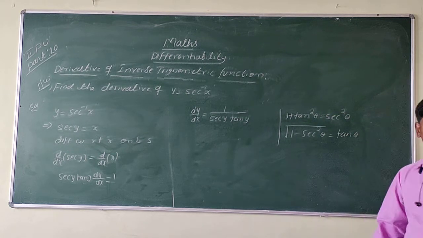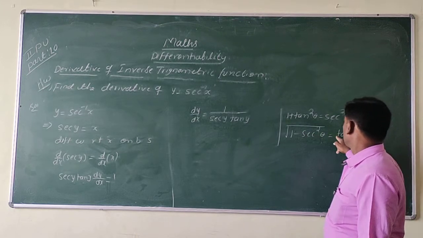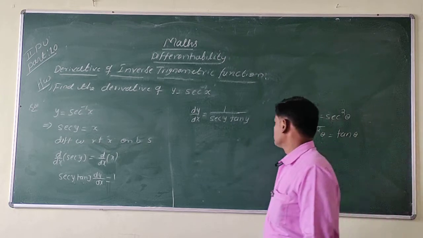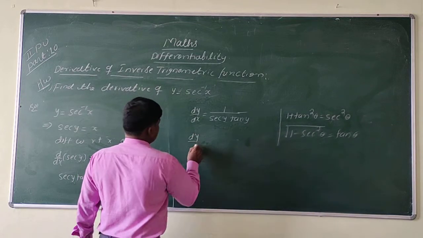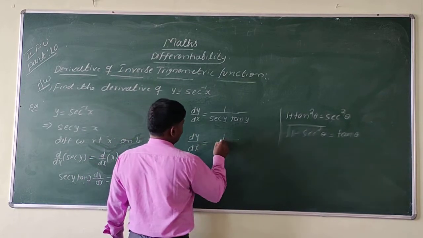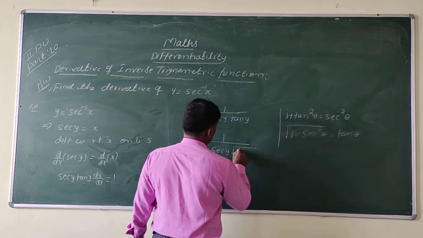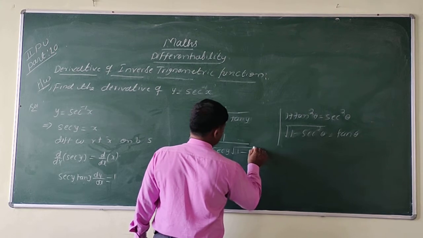So by using trigonometric identities, tan theta can be written as root of 1 minus secant square theta. So dy by dx is equal to 1 by secant y into root of 1 minus secant square y.